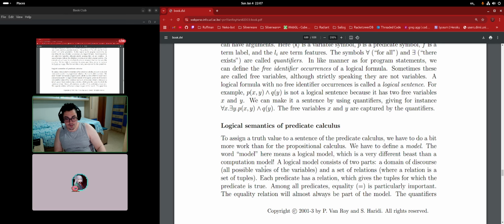The word model here means a logical model, which is not the same as a computation model. A logical model consists of two parts: a domain of discourse, all possible values of the variables. This is also the same semantics we use when you're talking to product people while programming.